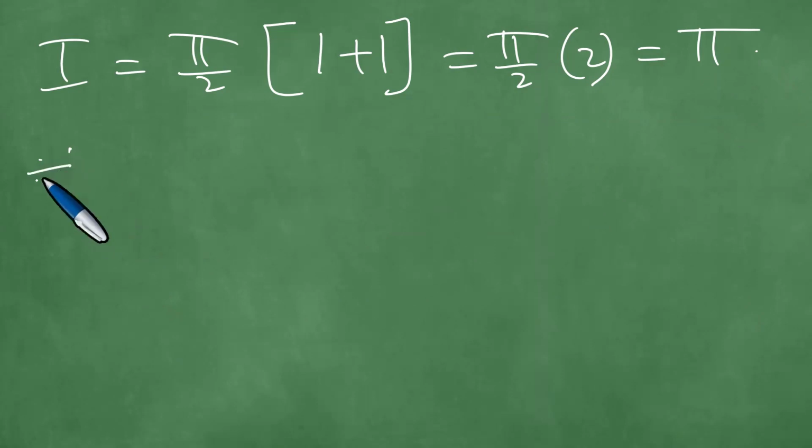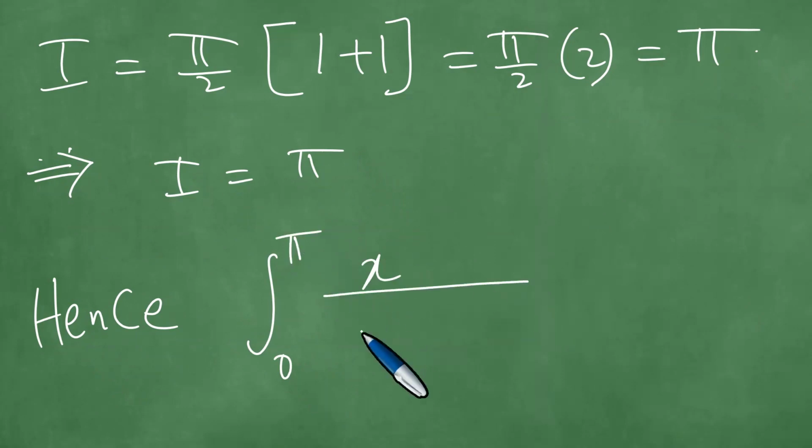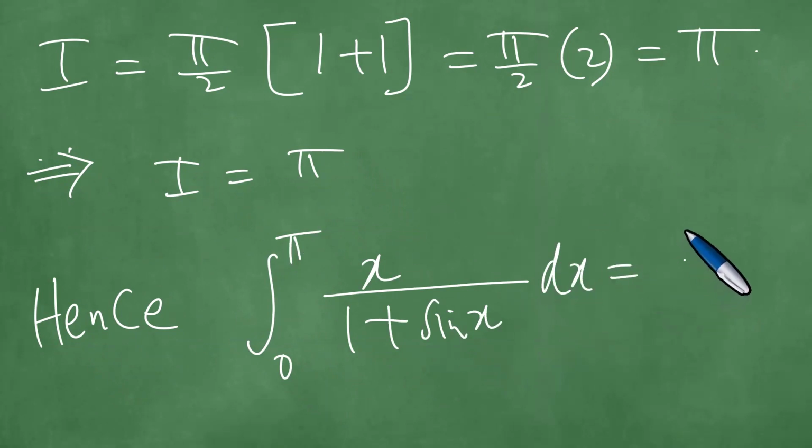And this means that I is equal to pi. Hence, the integral from 0 to pi of x over 1 plus sine x dx is pi.